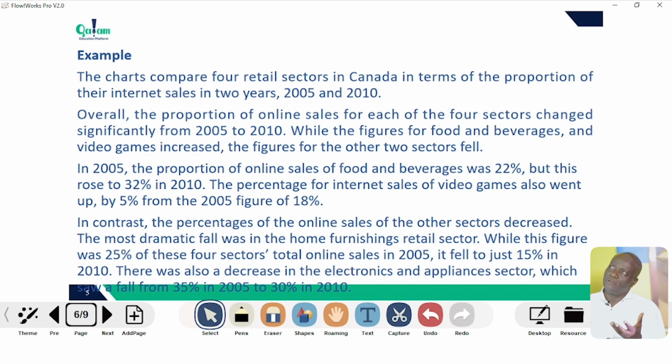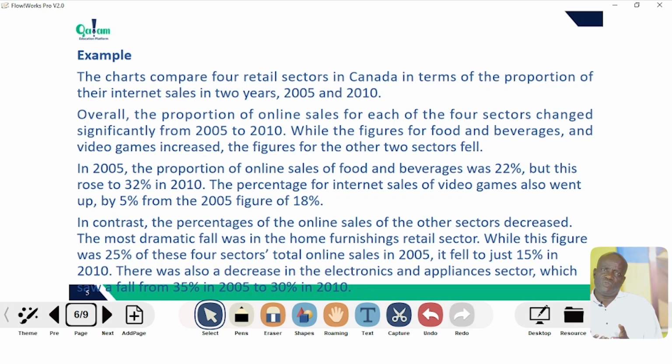So, overall, the proportion of online sales for each of the 4 sectors changed significantly from 2005 to 2010, while the figures for food and beverages and video games increased. The figures for the other 2 sectors fell.